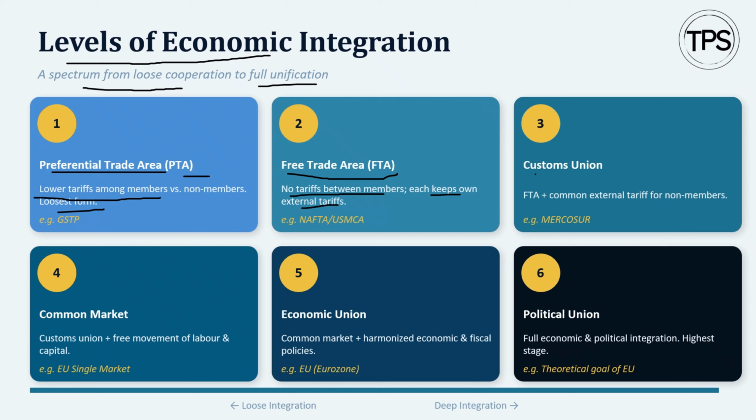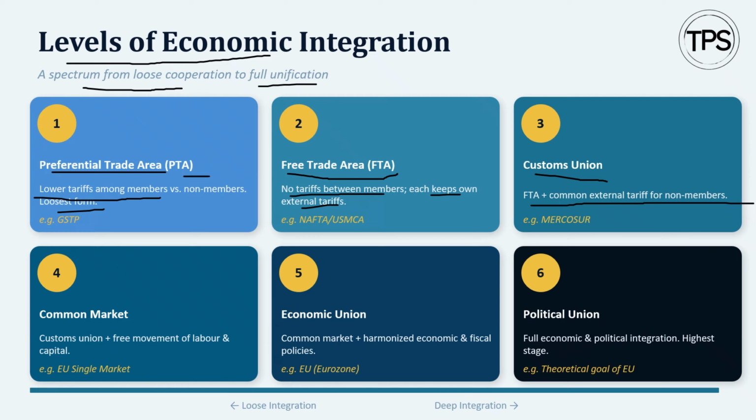Then another is the customs union: FTA plus a common external tariff for non-members. FTA is there for the members, and for those who are not members, there is a common external tariff, not high for someone and low for someone else. For every non-member, there is a common external tariff.